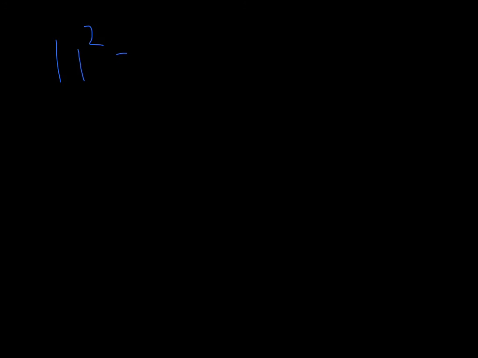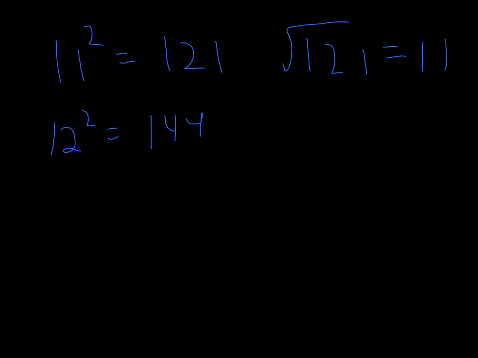11 squared is 121. So of course that means the square root of 121 is 11, a perfect square. 12 squared is 144. That means the square root of 144, of course, equals 12. 13 squared is 169.